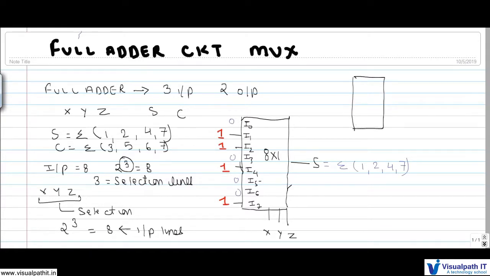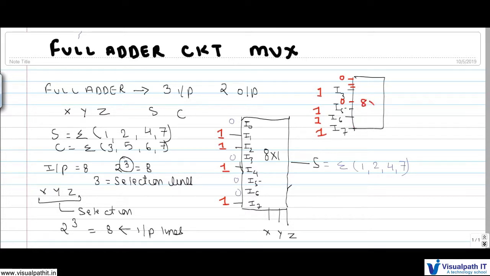Now if I have to implement carry, then I will just have the I3, I5, I6 and I7 inputs as high. These inputs will be high and the rest of the inputs, I0, I1, I2, I4, will be low.